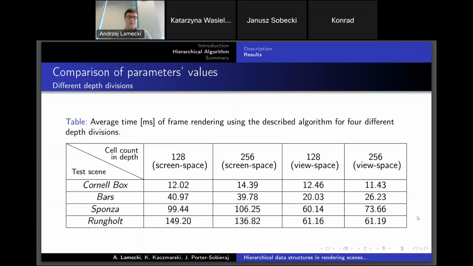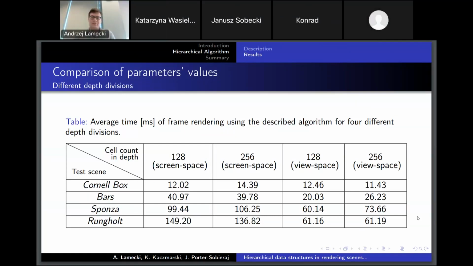We have also tested a few different methods of dividing space in depth. We have tested 2 different cell counts in screen space and in view space. And we have noticed that there is not much difference within the same division method, namely if we divide it in view space into 128 cells or 256 cells, it's not much of a difference.